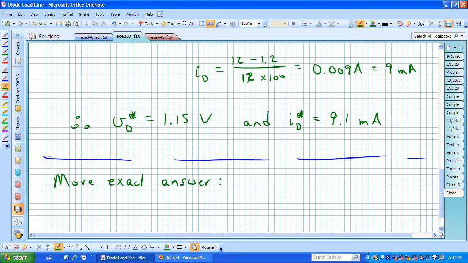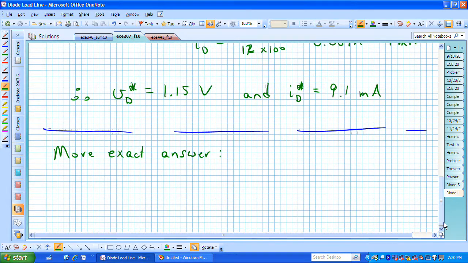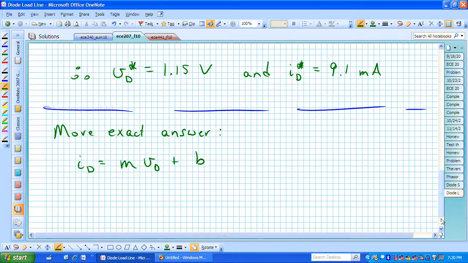Relative to the current voltage relationship of the diode, I sub d is equal to some slope m times the horizontal variable, diode voltage V sub d, plus some intercept b.